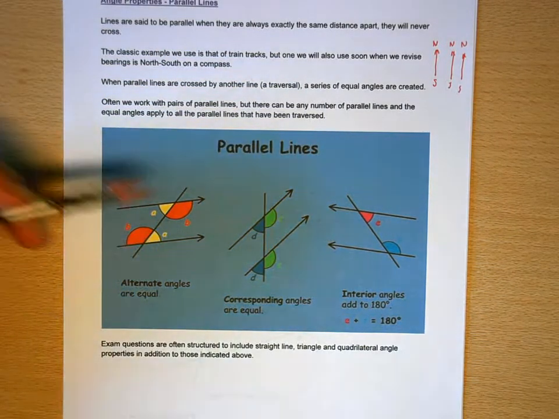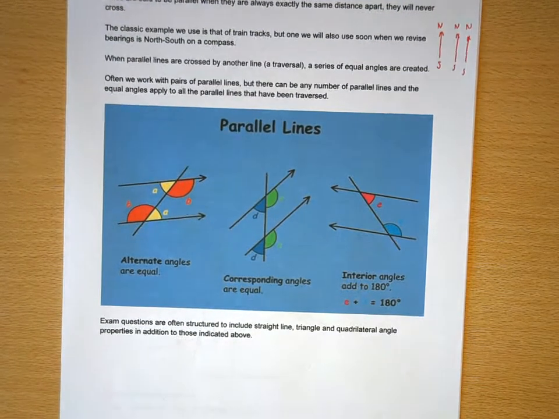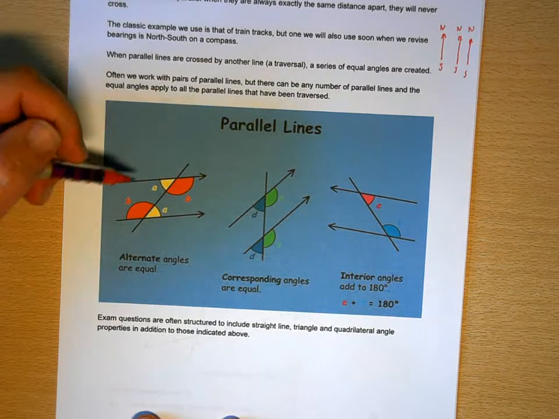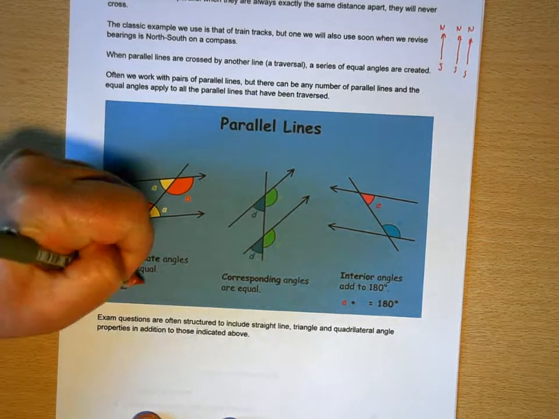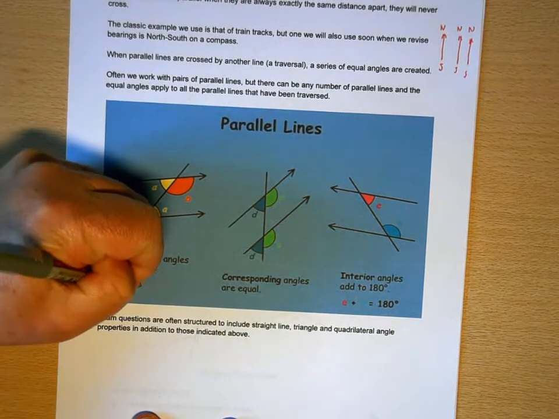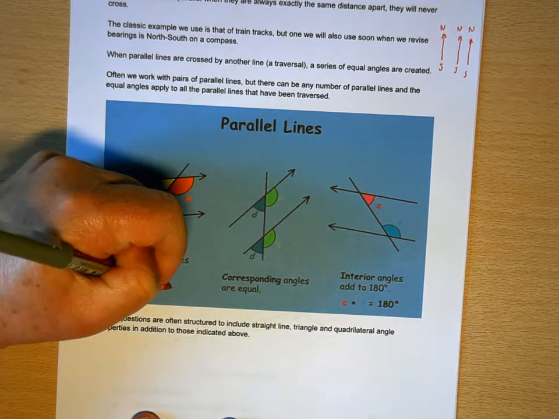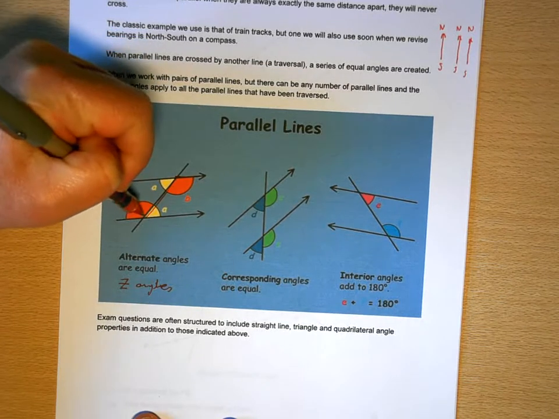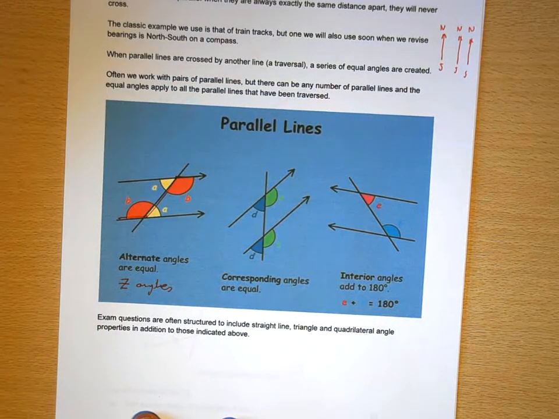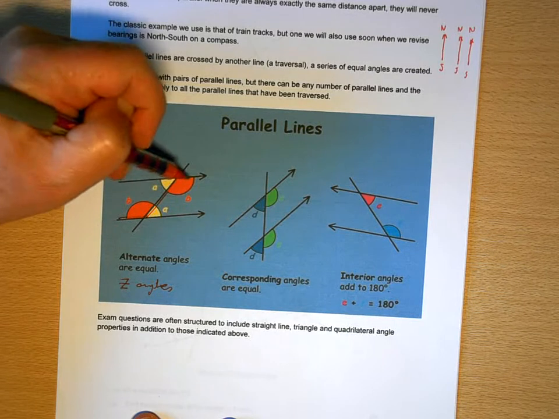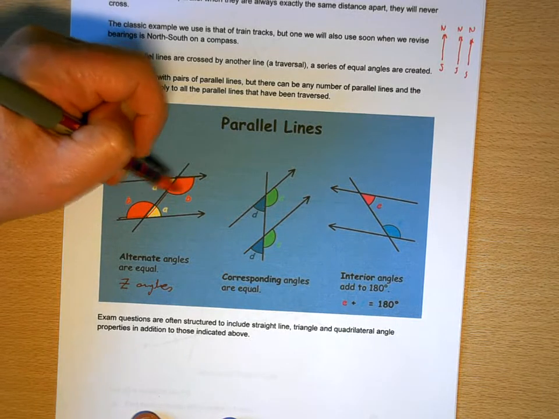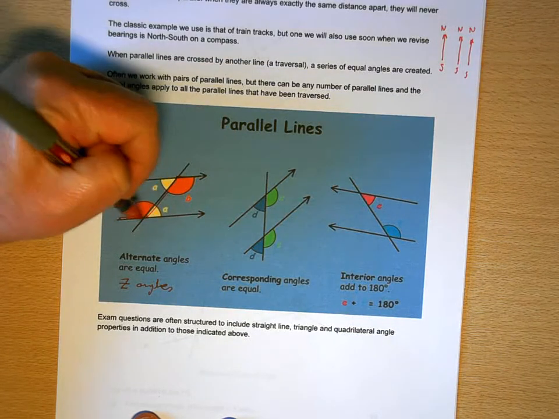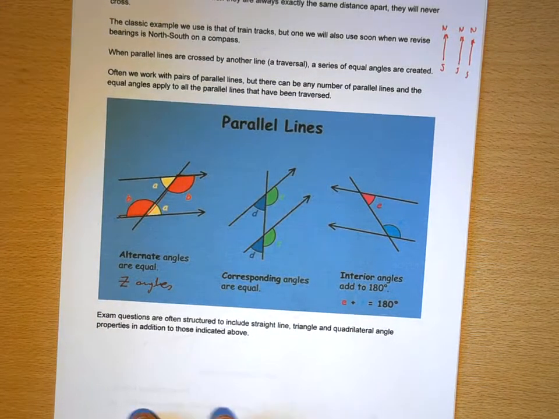So here are the 3 properties that you need to remember. First one are alternate angles, and alternate angles, think Z. If you imagine you've got this sort of stretched Z there, then the angles inside that one and outside that one are equal, and similarly with that reflected Z, the yellow ones are the same.